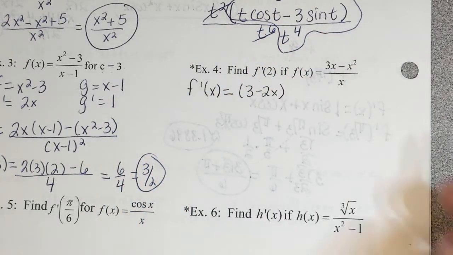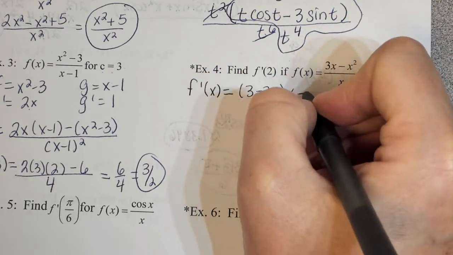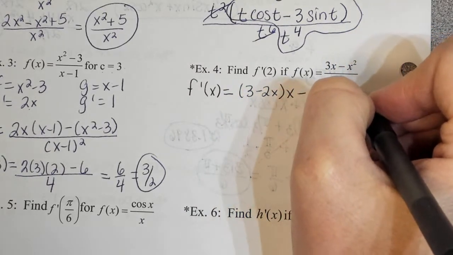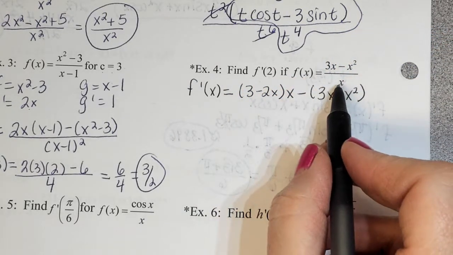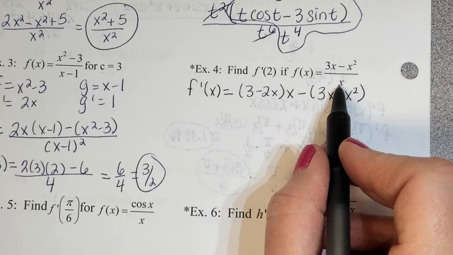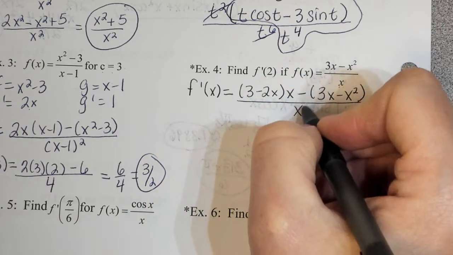That's the derivative of the top, times g, minus the numerator. And then the derivative of g is just going to be what? 1, right? And then it's all over g squared.